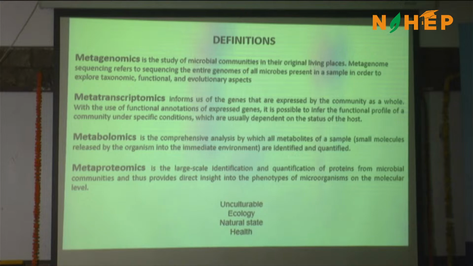In metatranscriptomics, we look at the expression, what those microbes are expressing at that particular moment. In metabolomics, we look at the molecules, and in proteomics, we look at the proteins. Together, these omics are what I call our four main objectives. We are looking into the unculturable, remember the dark matter.